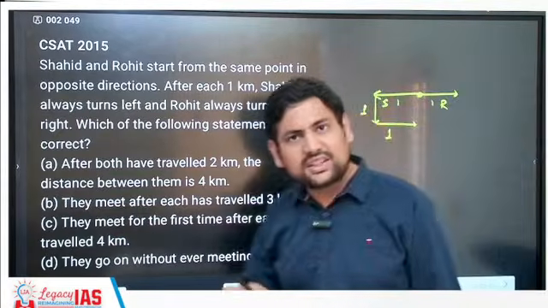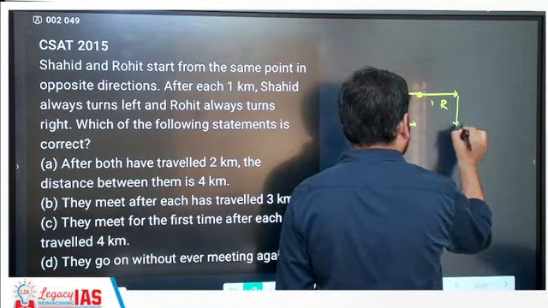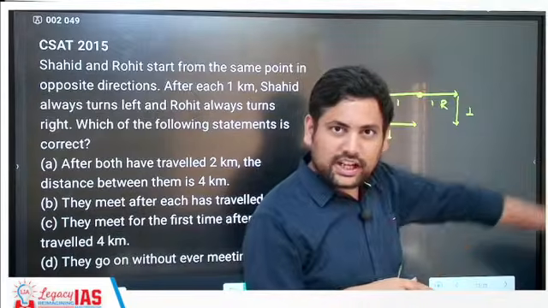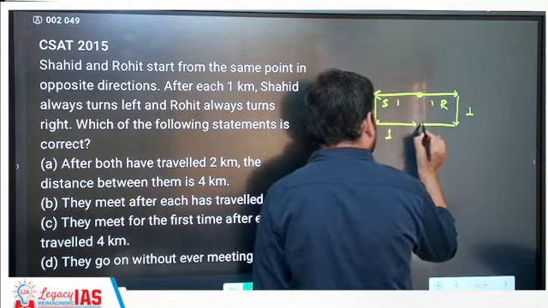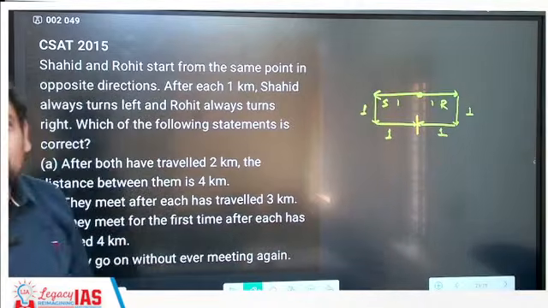Rohit always turns right. So Rohit, after going here, turns right. So this is 1 kilometer, and then again he will turn right. So again he'll come 1 kilometer like this, and at this point they will meet again.